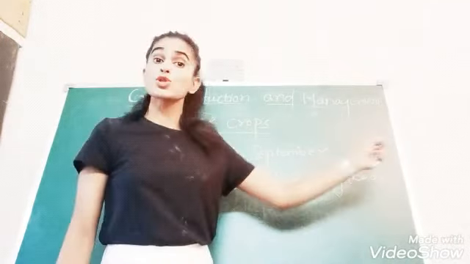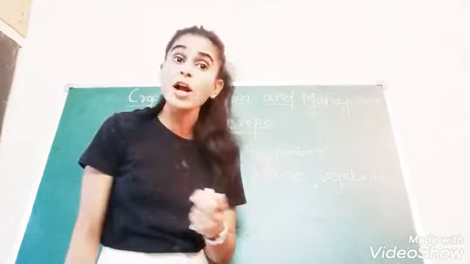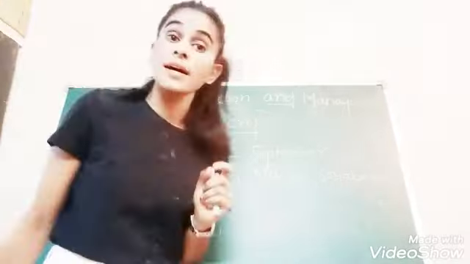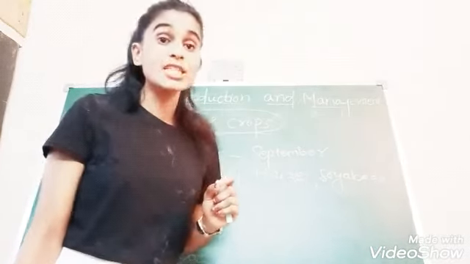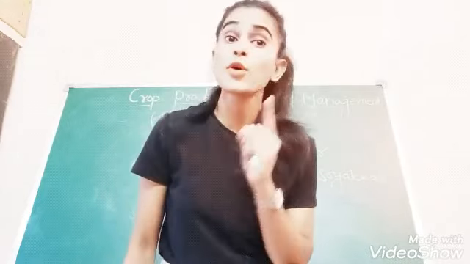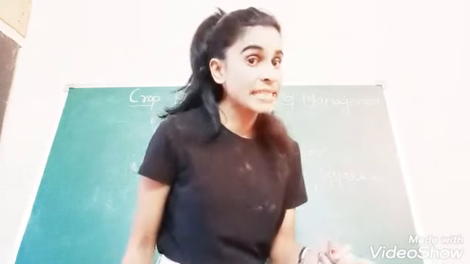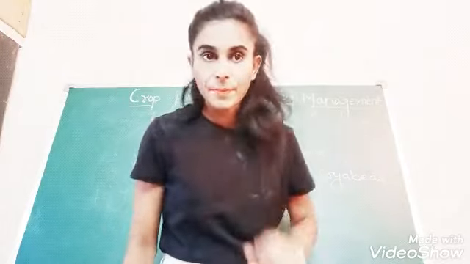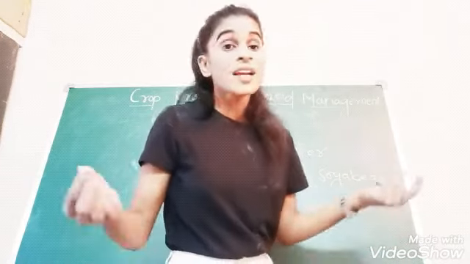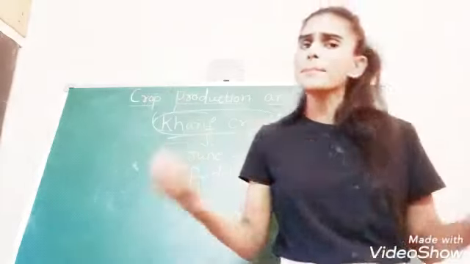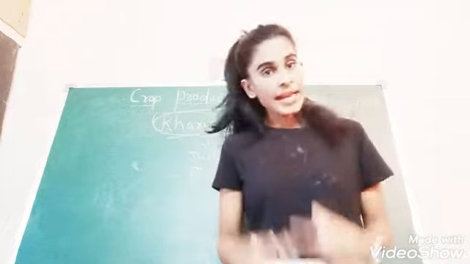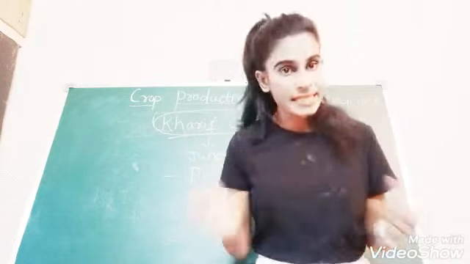Rainy season means June to September, and such crops are called Kharif crops. Which crops are called Kharif crops? Which are grown in the rainy season, from June to September. Rice, maize, soya bean, a number of crops require plenty of water, and hence they are grown in your rainy season.